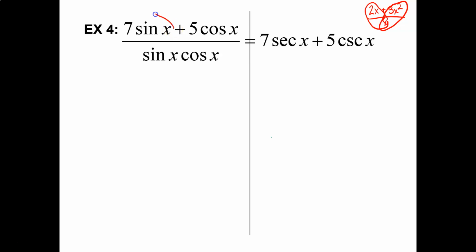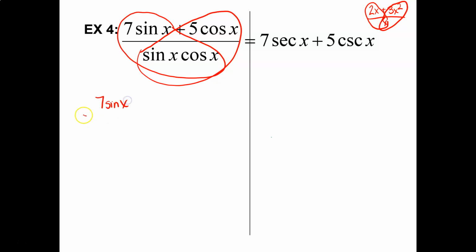But right here, I can do the love connection for this. What you're doing is you're just dividing both of those by that same denominator. So that would look like this. 7 sine x over sine x cosine x plus 5 cosine x over sine x cosine x.